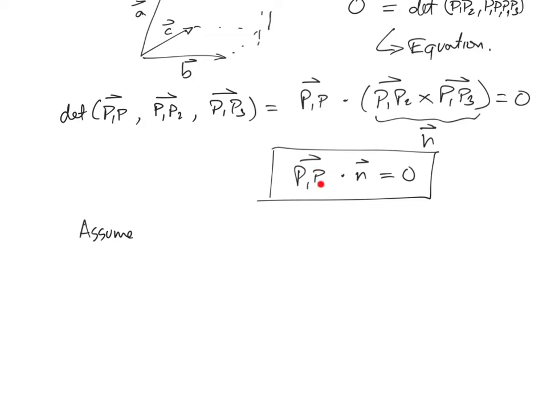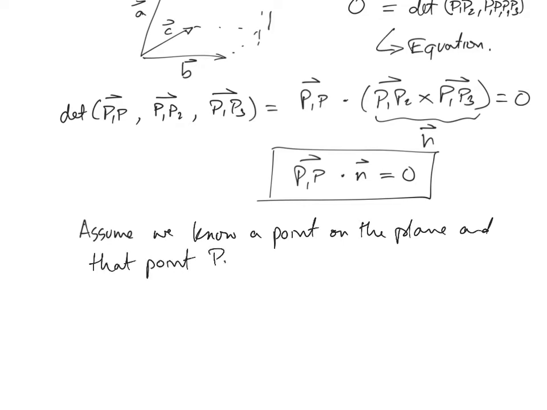P is just some arbitrary point on the plane, x, y, z. But P1 is a particular point on the plane. So let's assume we know a point on the plane, and in general, we're just going to call that point P0, just to make it general.